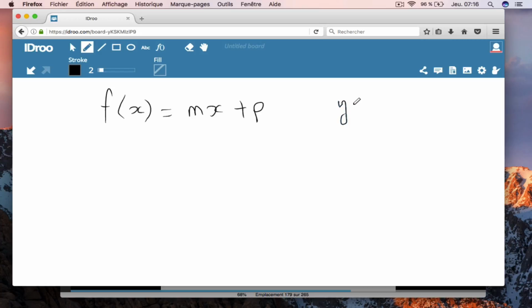You remember? y equals 9/5 times x plus 32. So which means m equals 9/5 and p equals 32.